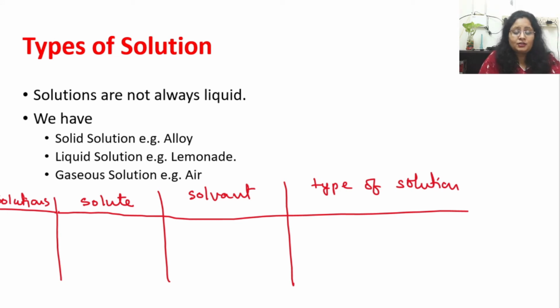First is sugar water solution. The solute is sugar, which is solid, and the solvent is water, which is liquid. So what type of solution do we get? We get a liquid solution.